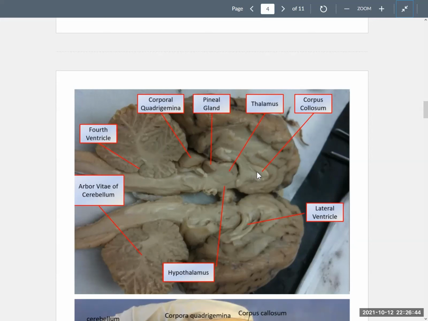Here's the lateral ventricle. I have another picture in just a second too. This thing surrounding the lateral ventricle is the corpus callosum. Corpus callosum. It means large or colossal body.